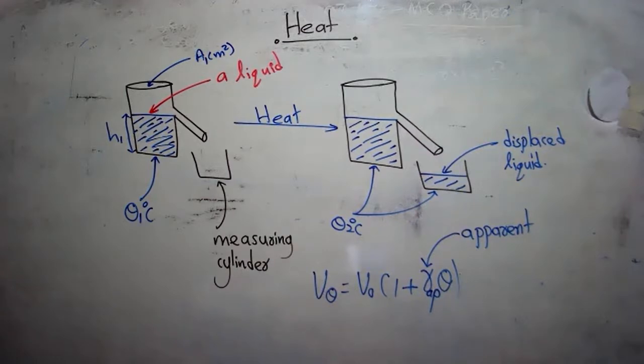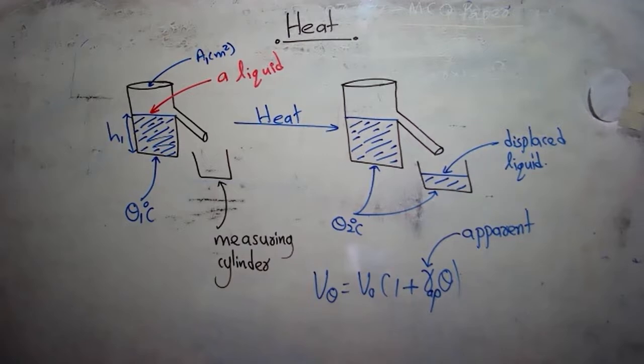Let us consider the following arrangement of a liquid and a vessel. If the expansion of the vessel is neglected and the expansion of the liquid is considered, that calculated value of the constant gamma is said to be the apparent coefficient of volume expansion of the liquid.